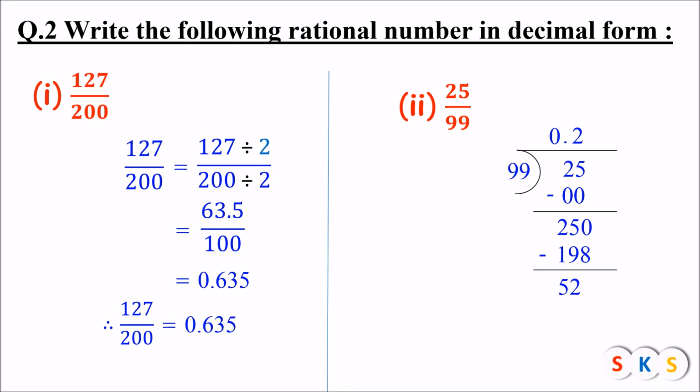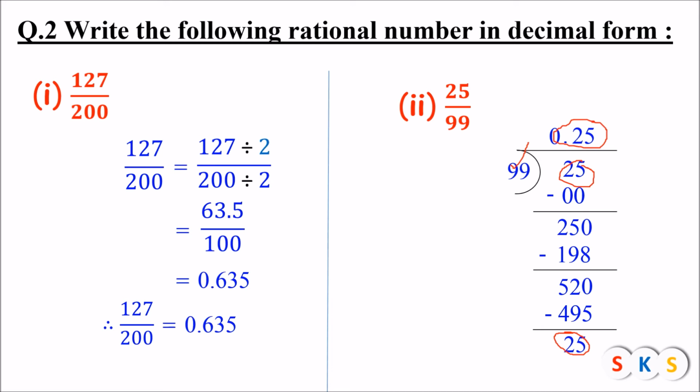Okay, now we can take 0 beside 52 because we have already put the decimal in the quotient. So it is 520. 99 fives is 495, and 520 minus 495 is 25. And you can see that now here the remainder is 25. Already we have divided 25 by 99 and we got here 0.25.